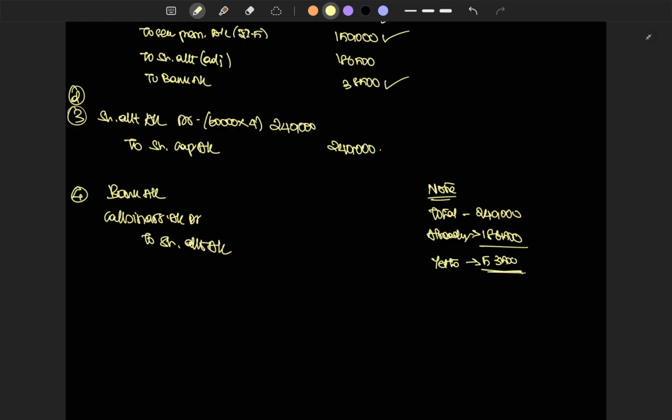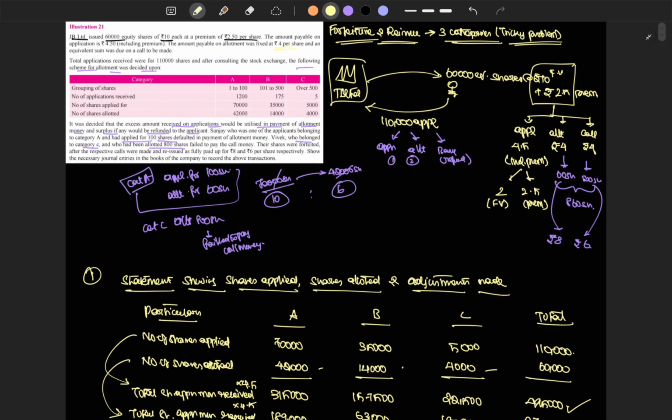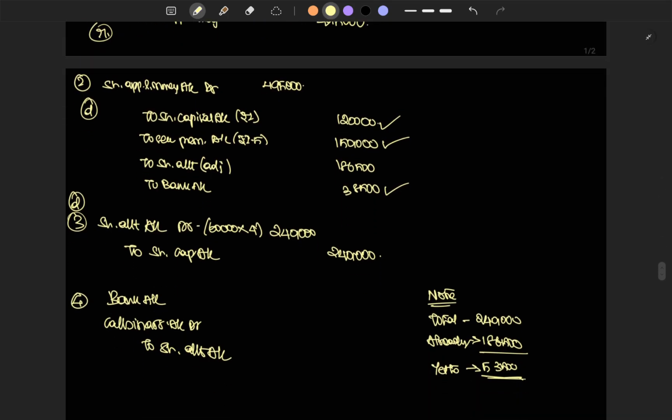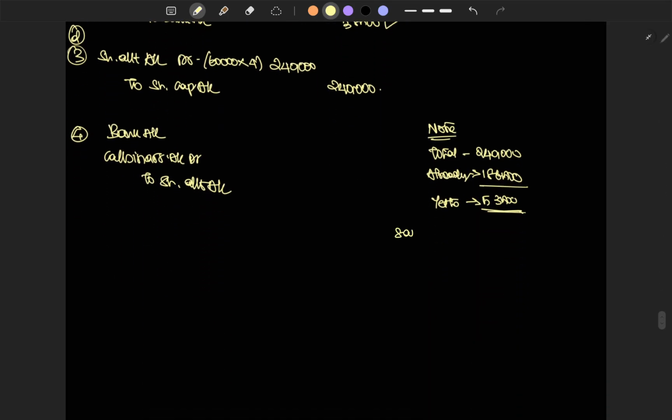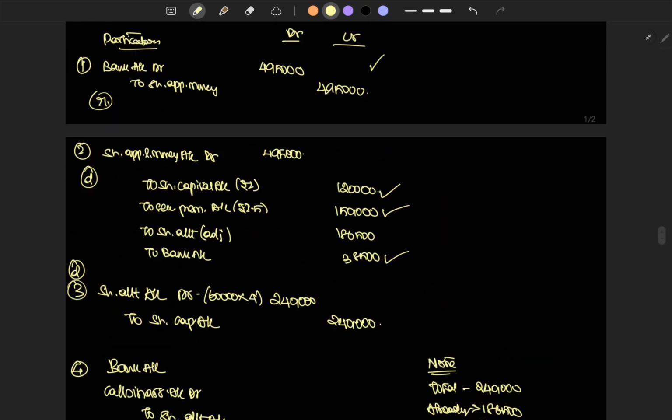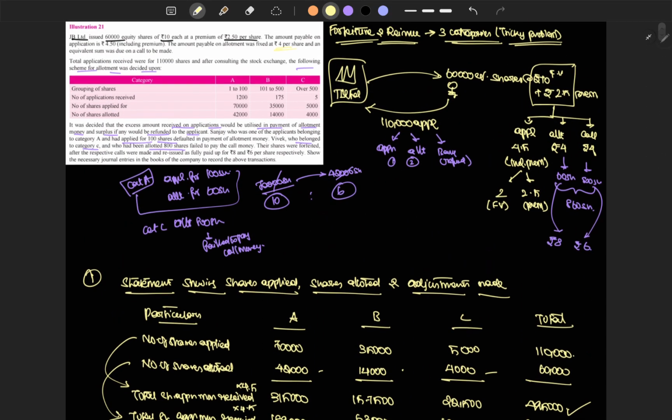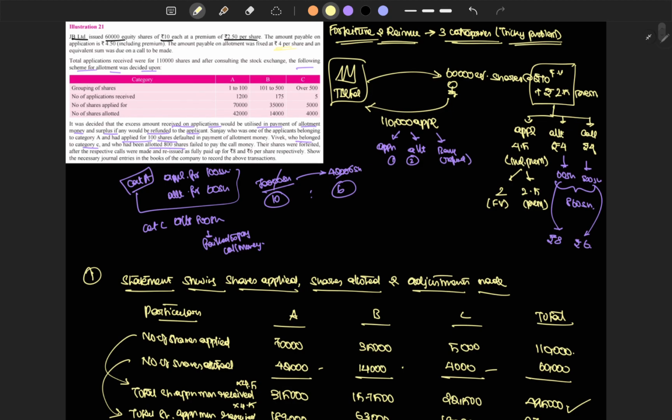Now who has defaulted? Sanjay from category A. Sanjay from category A has defaulted, 60 shares defaulted.